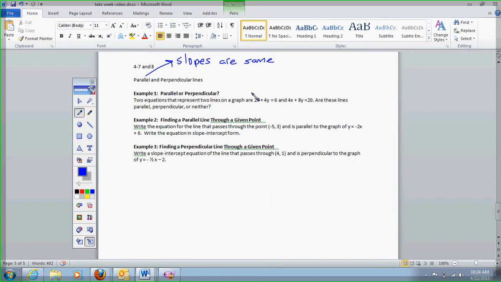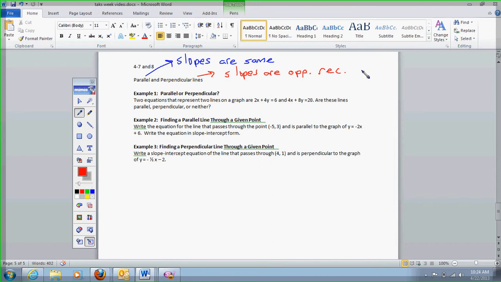Okay? In perpendicular lines, slopes are opposite reciprocals. Now, what does that mean?